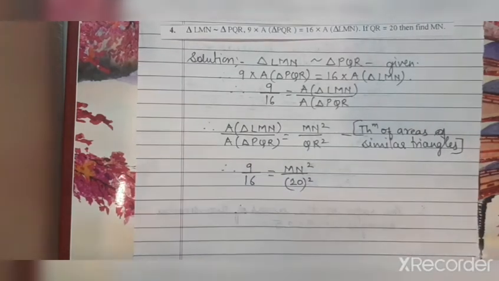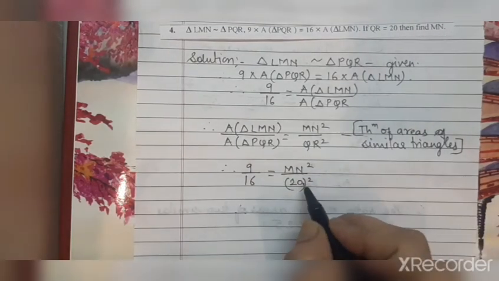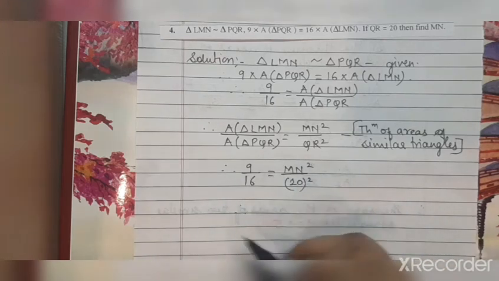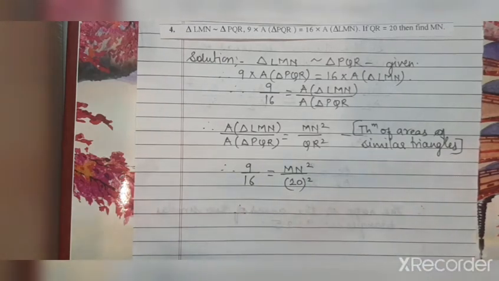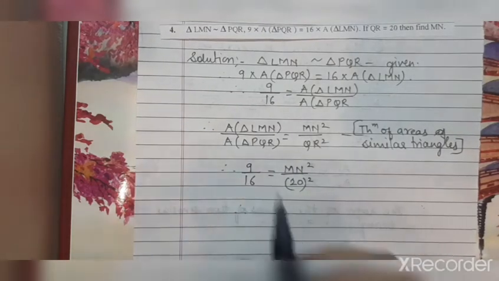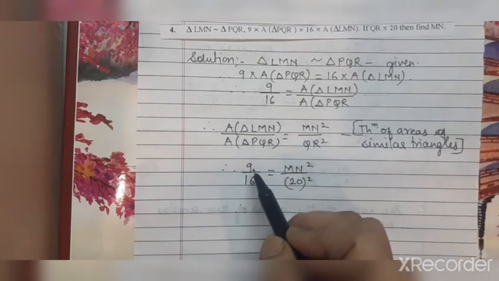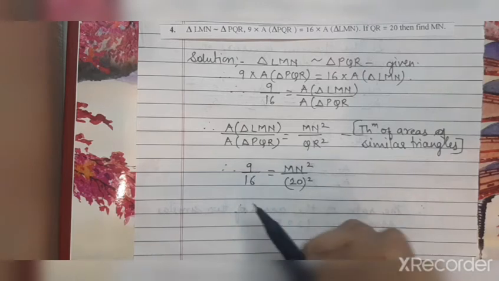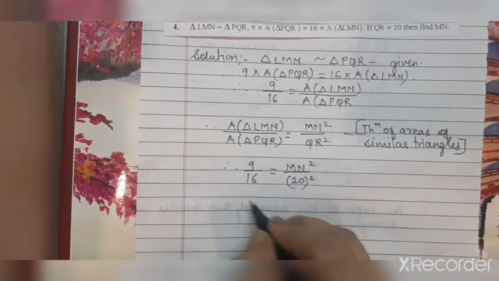Before cross multiplying, here there are 2 ways. You cross multiply, you solve, and then you take the square root, or first you take square root and then you cross multiply. There are 2 ways of doing. So I will first take the square root because I am having here 9 as a square of 3, 16 as a square of 4.